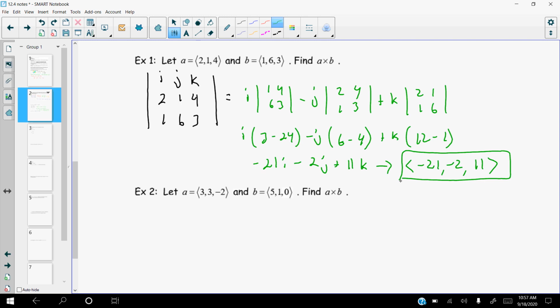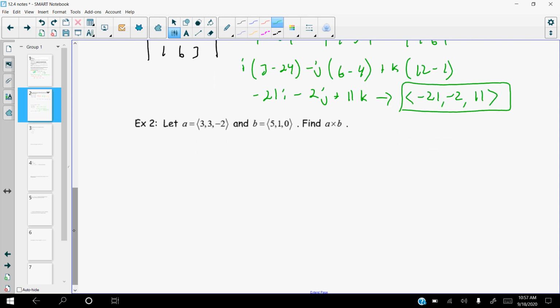Okay, so let's try one more. Let's do the cross product of I, J, K, 3, 3, negative 2, 5, 1, 0. I'll move through this one just a little bit quicker.